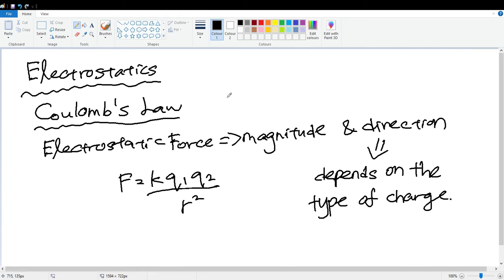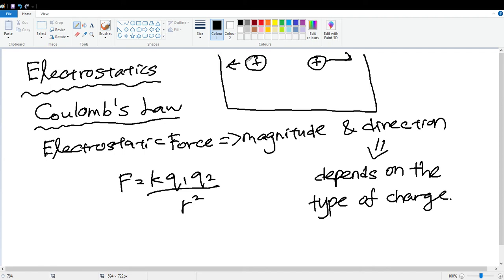Let me draw it here. If both charges are positive, both positive charges will repel each other.